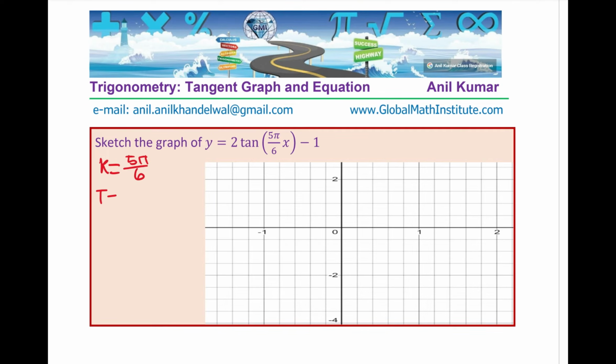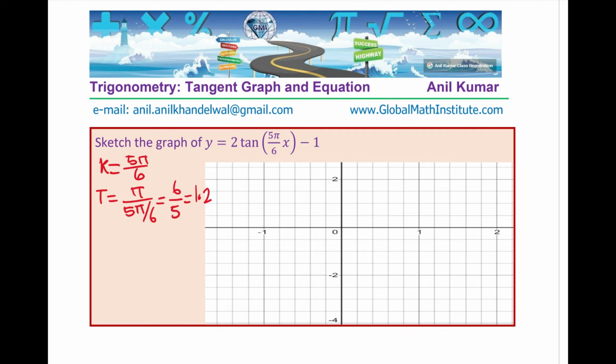From here, we can find the time period. So time period will be pi divided by 5 pi by 6. Pi and pi cancel, we get 6 over 5 as the value of time period. You can write this in decimals as 1.2.